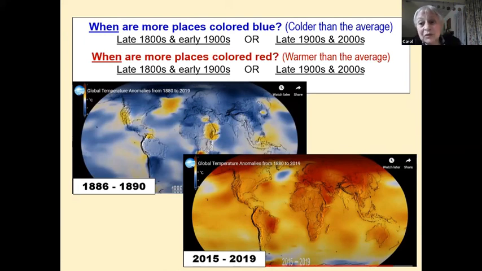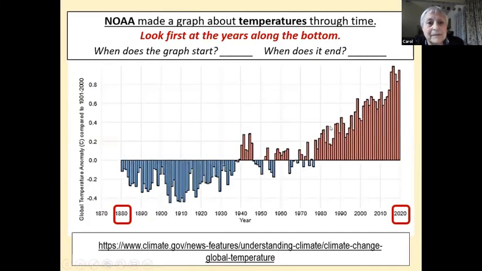Maybe more workers will want to go there because it's warmer now than it used to be. The winters aren't quite as bad and the summers are a little bit warmer. In fact, this past year in Russia and in Alaska and northern Canada, it got so warm they had wildfires. Something is going on.